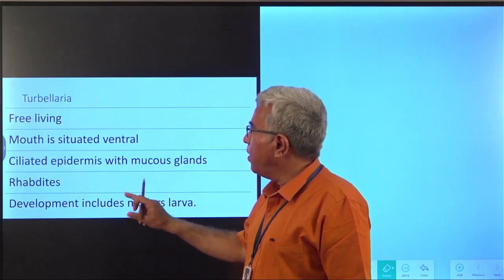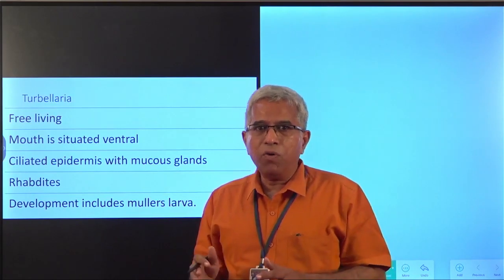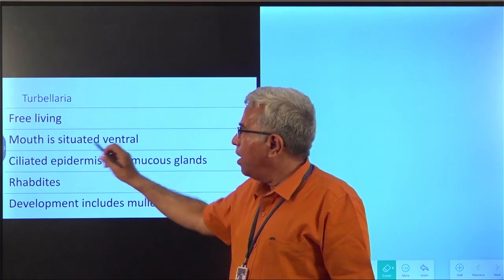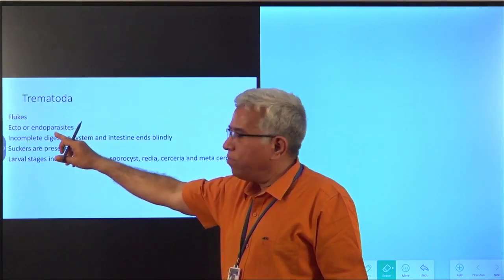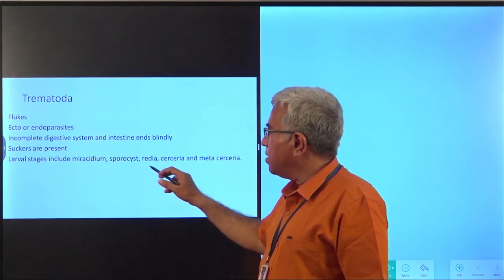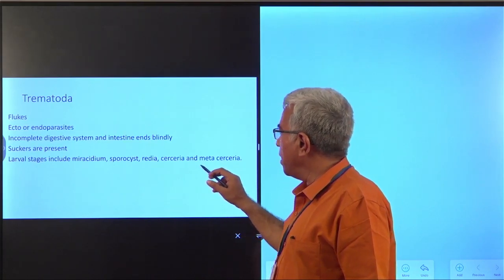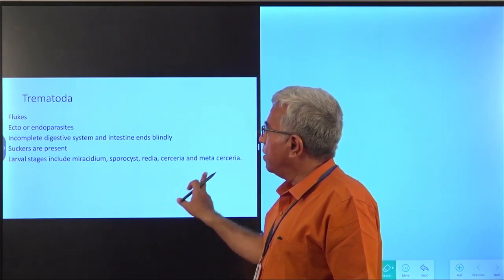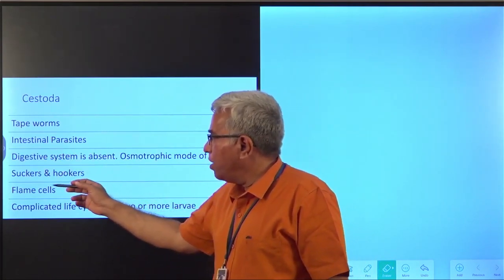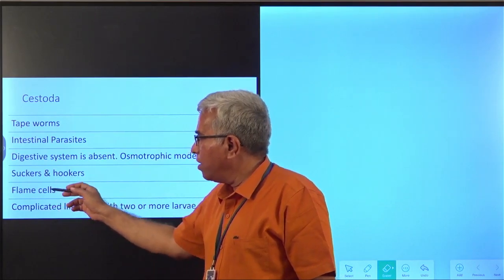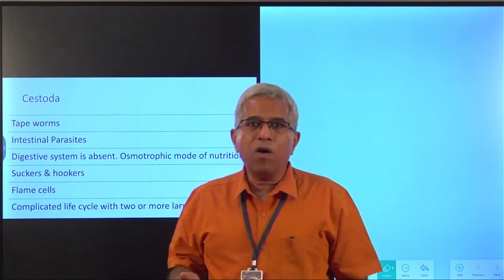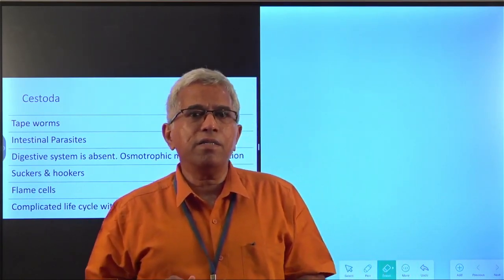Of course, there are 3 classes, namely Turbellaria, Trematoda, Cestoda. Turbellaria is the only class that includes free living organisms, and Trematoda includes flukes, where the intestine ends blindly, and they show many larval stages like miracidium, sporocyst, redia, cercaria, and metacercaria. And Cestoda includes tapeworms, which exhibit suckers and hooks, and flame cells are the excretory organs here. The complicated life cycle includes 2 or more larvae like oncosphere, hexacanth, and Cysticercus.